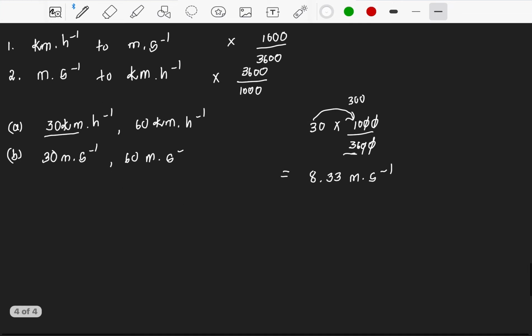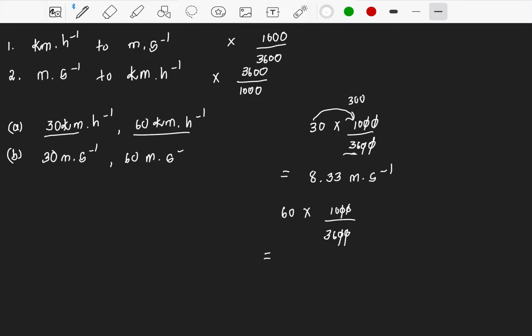And then for 60, it's going to be 60 kilometers per hour in meters per second, or in velocity, it's going to be 60 multiplied by 1,000 divided by 3,600, which is equals to, this cancels that, this cancels that.